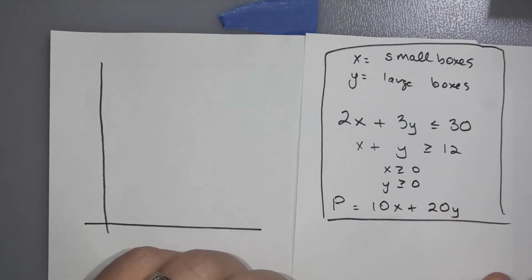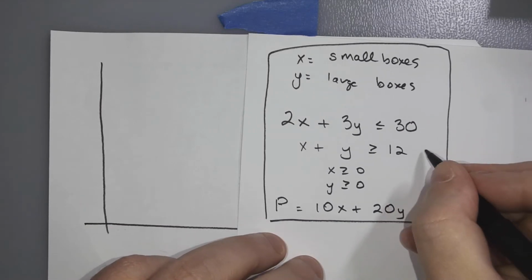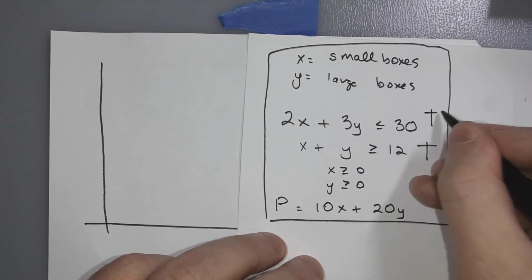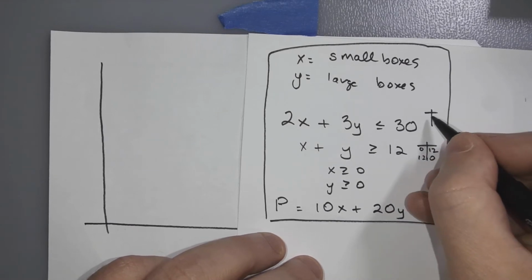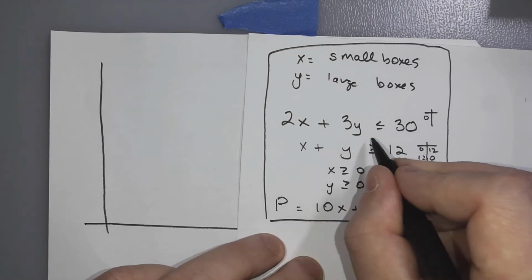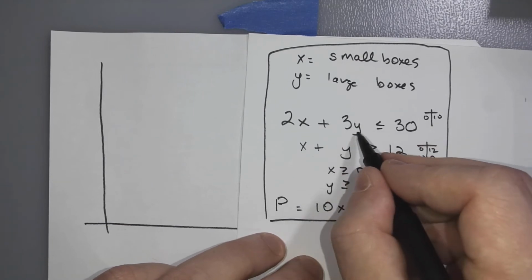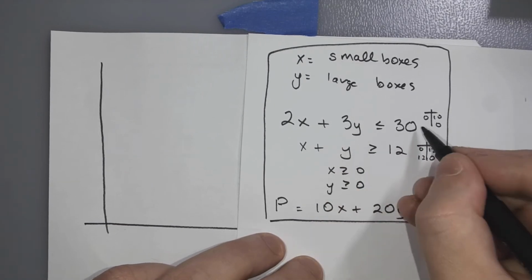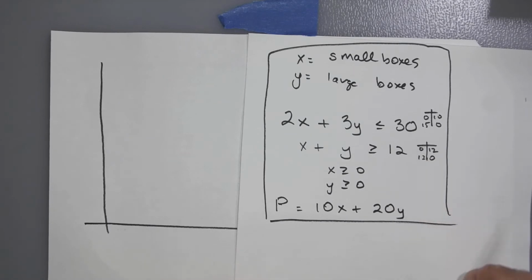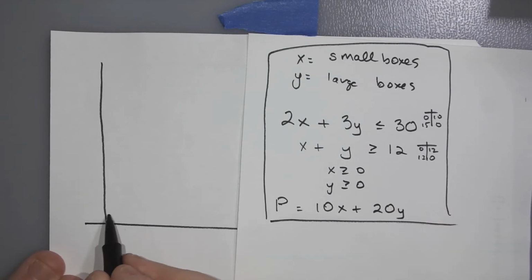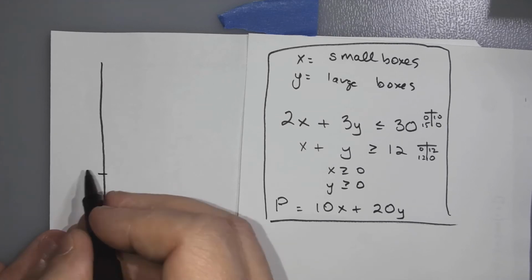Let's use the intercept method to make reasonable axes. So that's 0, 12, 12, 0. If I plug in x equals 0 here, y will be 10, and y equals 0 would give me x equals 15. So I've got to get out to about 15 on all sides, on the x and the y. So let's go by fives.